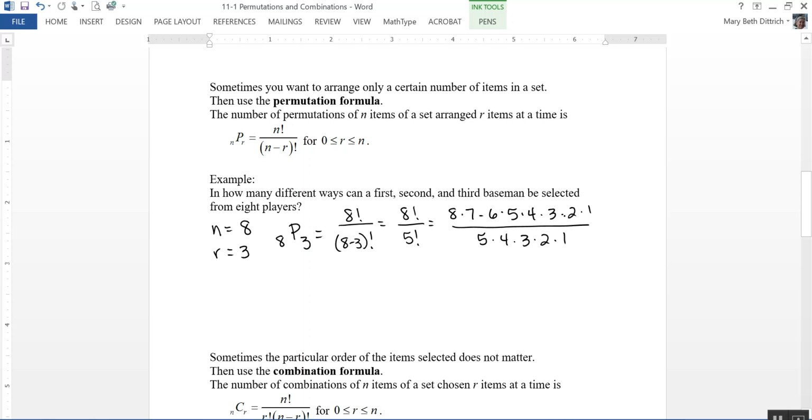I can actually write this a lot simpler by saying that 8 factorial is equal to 8 times 7 times 6 times 5 factorial, over 5 factorial. In other words, write your upper number and stop at whatever you have on the bottom. Now those will just cancel out, and I need to do 8 times 7 times 6, which is 336. Okay?